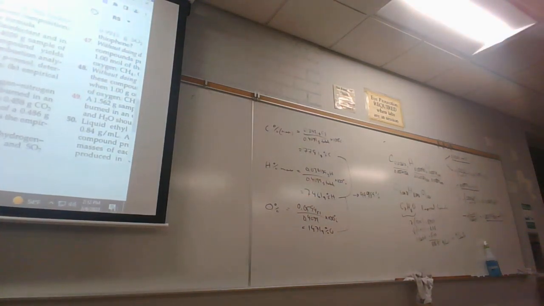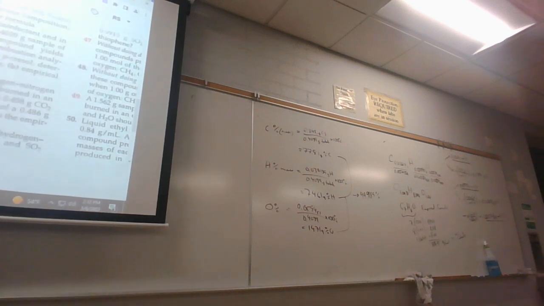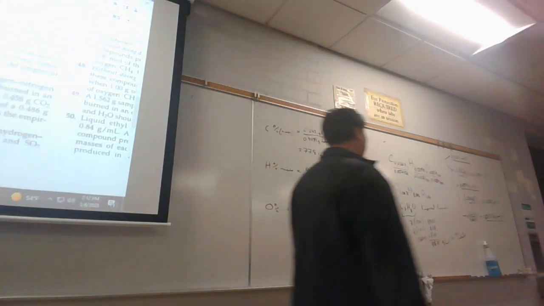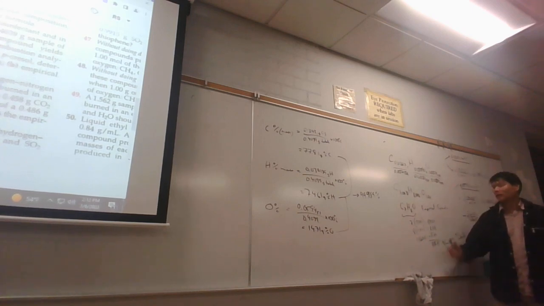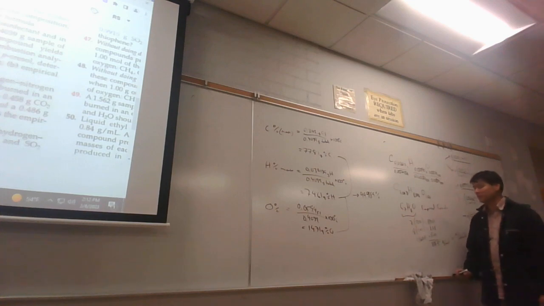The molecular mass is 108, which means a single molecule of this weighs 108. If a single molecule weighs 108 and the empirical unit weighs 108, then we know that the empirical unit is the same as the molecular unit. And therefore the molecular formula and the empirical formula are the same.